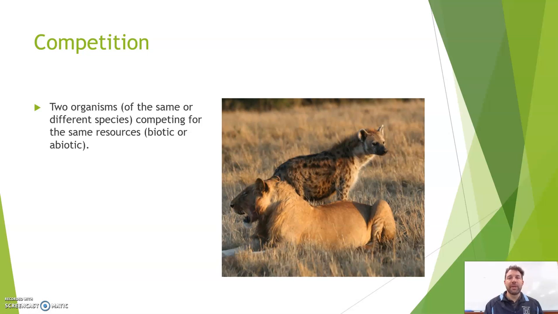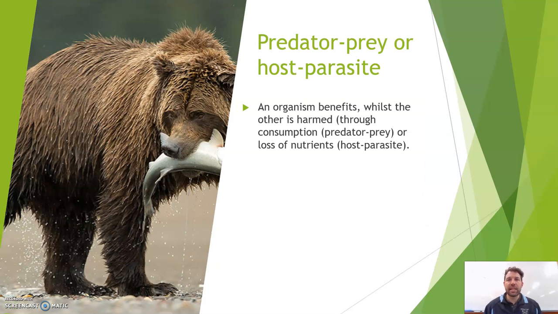Competition is going to be negative for one organism. That's two organisms of the same or different species competing for the same resources. So whether it's the same food source, maybe they're competing for water, for habitat, for shelter, something like that. Last is predator-prey or host-parasite, when one is negatively impacted.